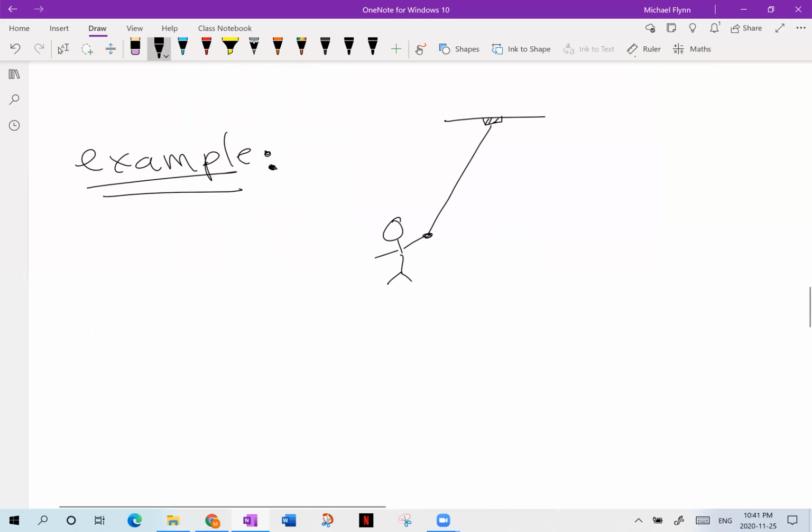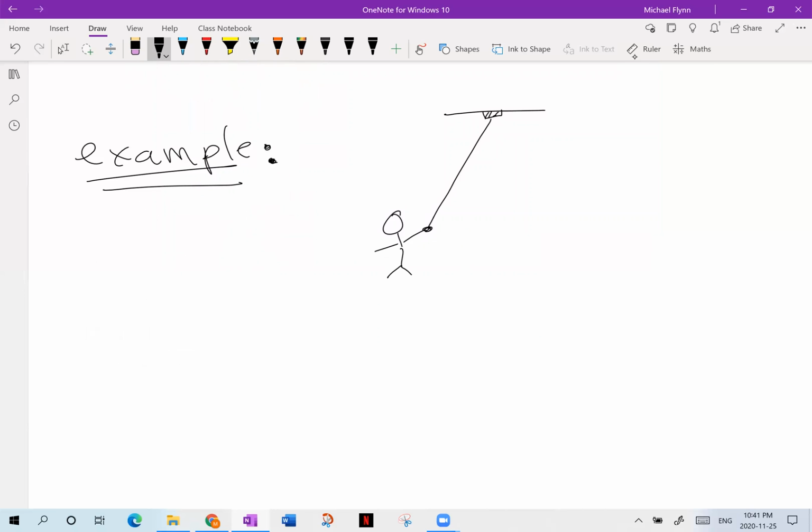Okay, and let's give him a mass of 50 kilos, okay? Now, when he's in this position, he's moving at 3 meters per second. And what's happening is he's swinging in a vertical arc. This is what we mean by vertical pendulum, right? Let's make this angle here 30 degrees. So he's currently at 30 degrees, and he is moving tangentially with a speed equals 3 meters per second, okay?